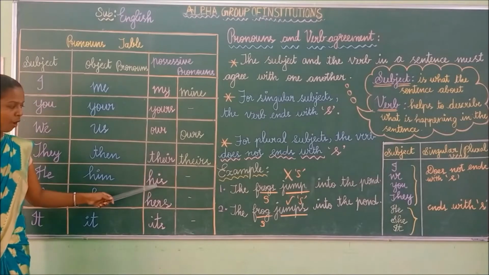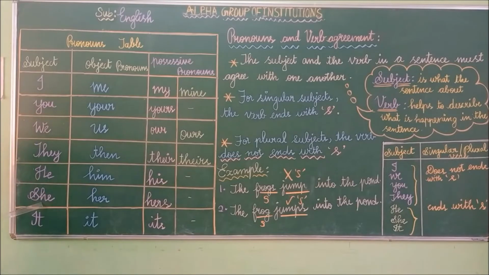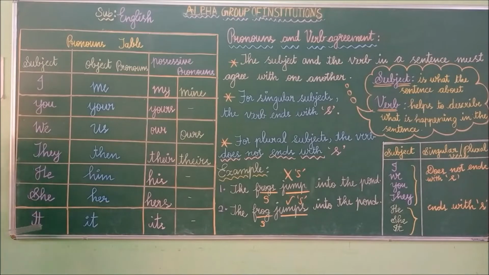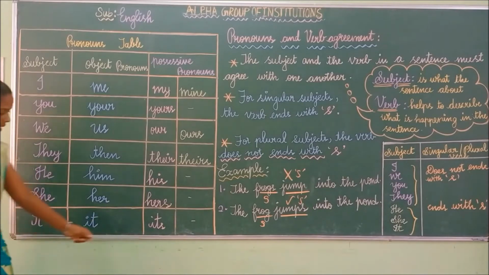In possessive form, "he" changes into "his". "She" in object pronoun changes into "her", and into "hers" in the possessive form. "It" in the possessive form is "its".